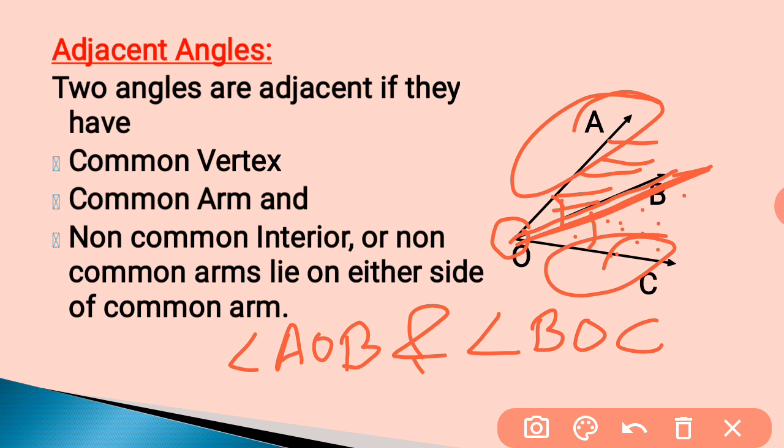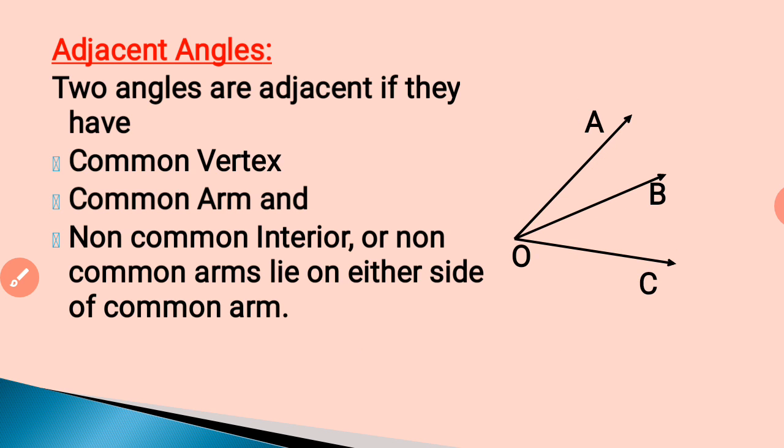Okay. Now, with this, let us proceed to the next part, that is linear pair. Two rays opposite to each other, another standing ray. Let me name it as AOB. You know that AOB is also known as a straight angle.